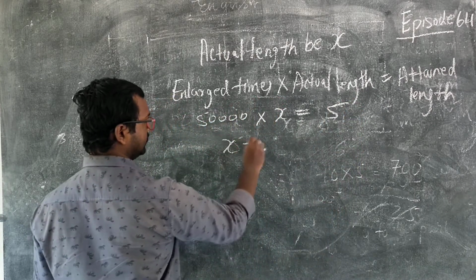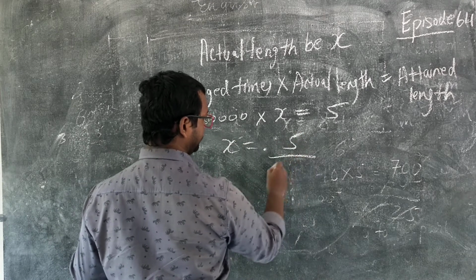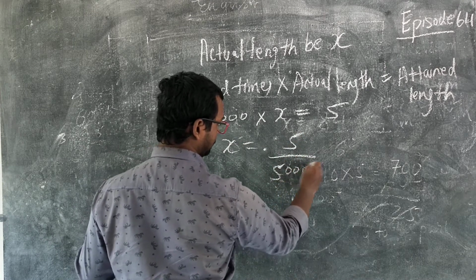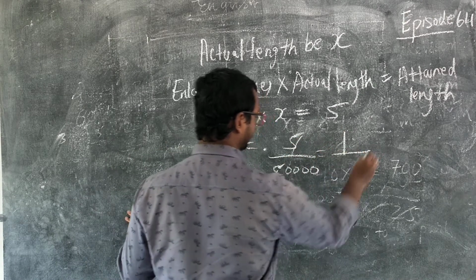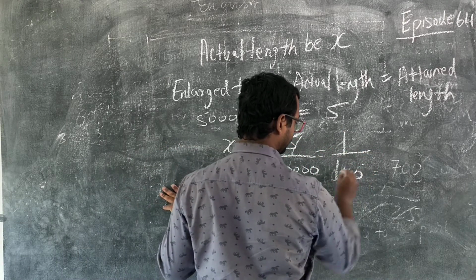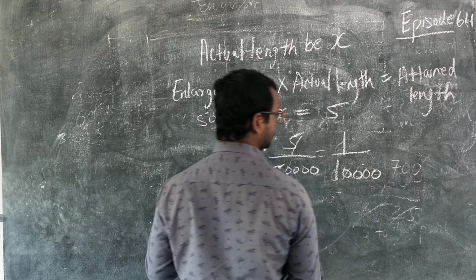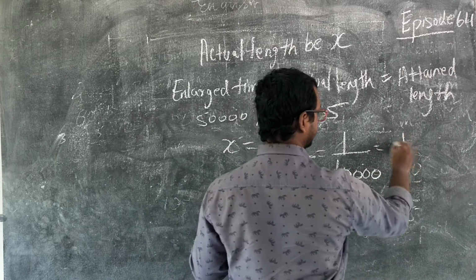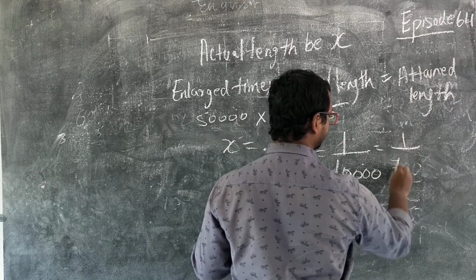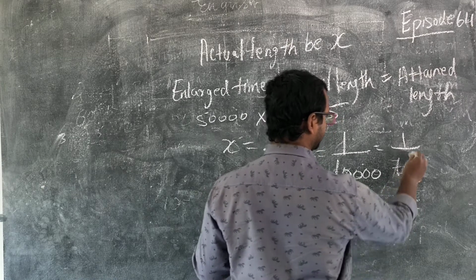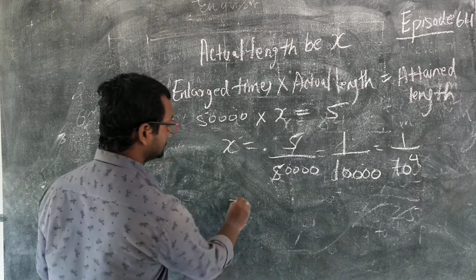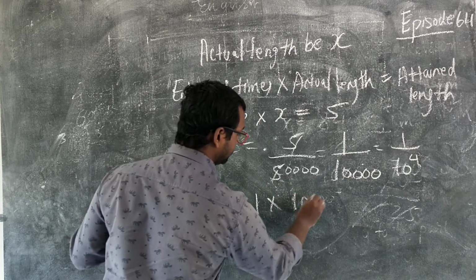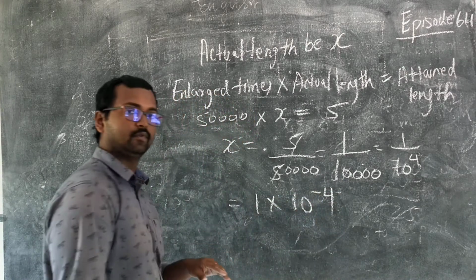So here x is equal to 5 divided by 50,000. This will get cancelled and we will get 1 by 10 power 4. 1 by 10 power 4 can also be written as 1 into 10 power minus 4.